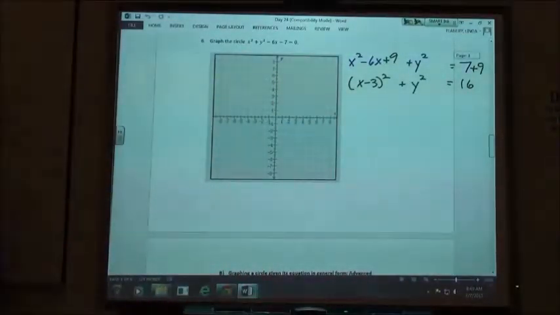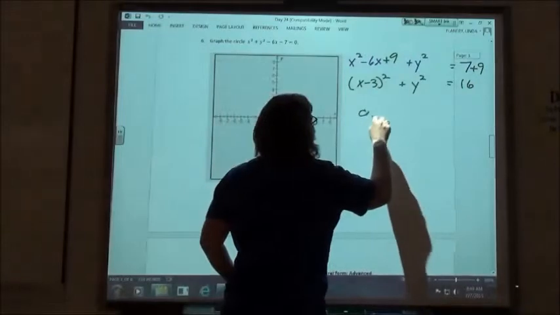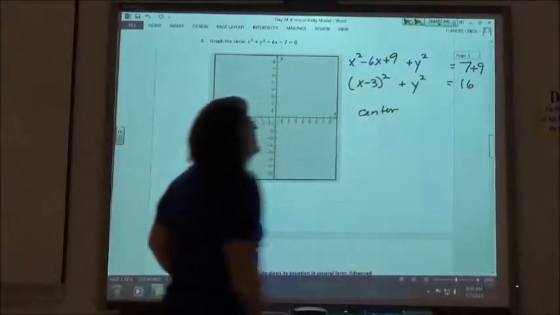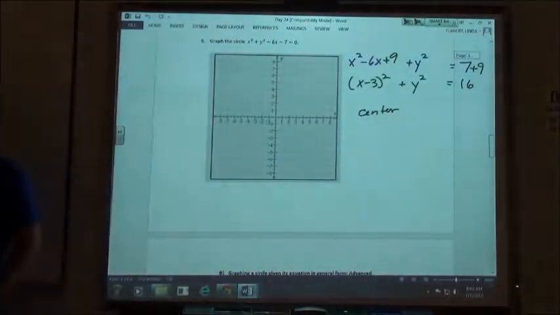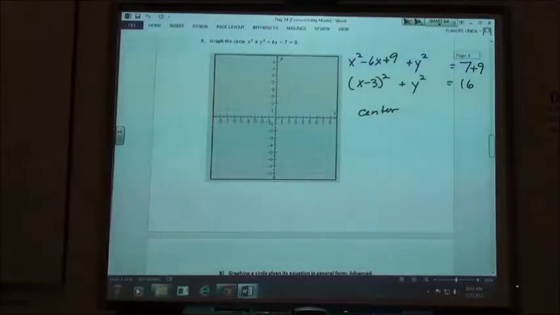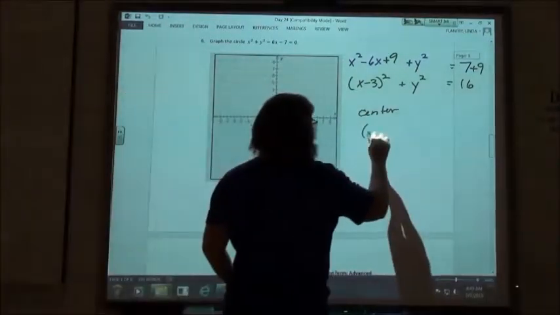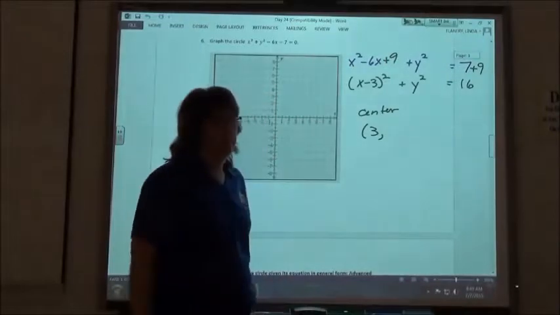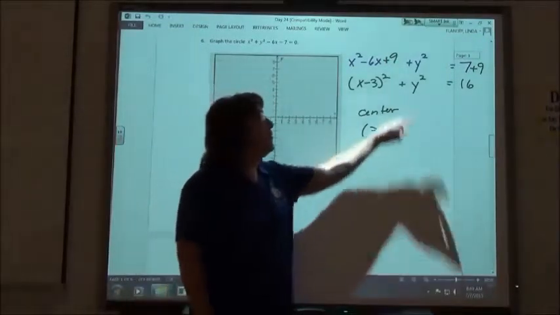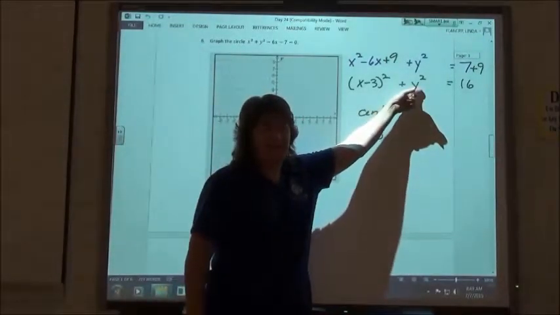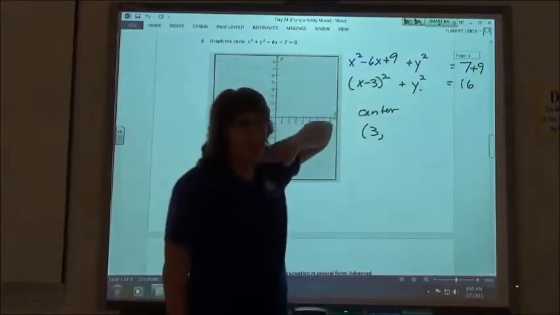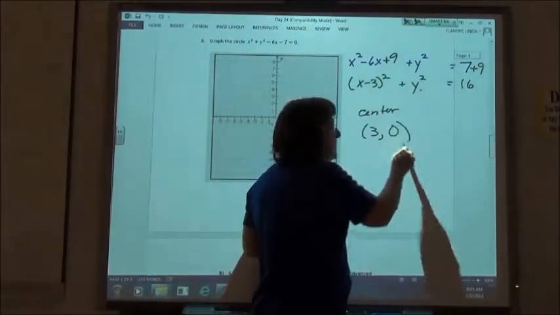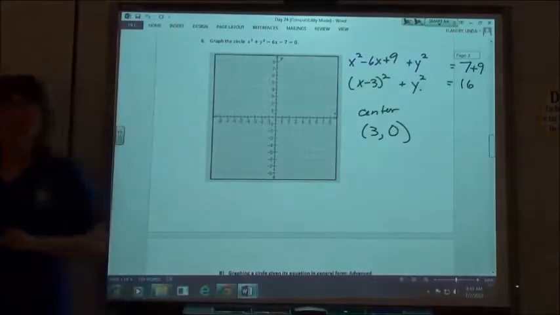So my center on this one is going to be at 3, negative 1. Nope, the 3's right. What are you adding and subtracting from this? 0, right? So it's just going to be at 3, 0.